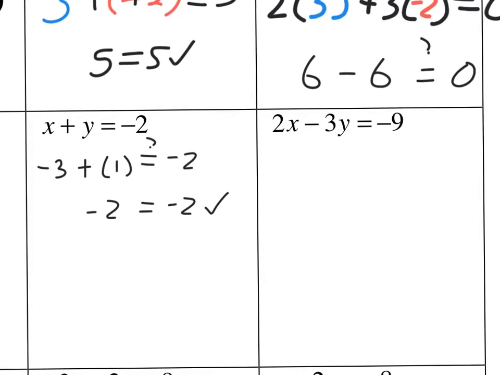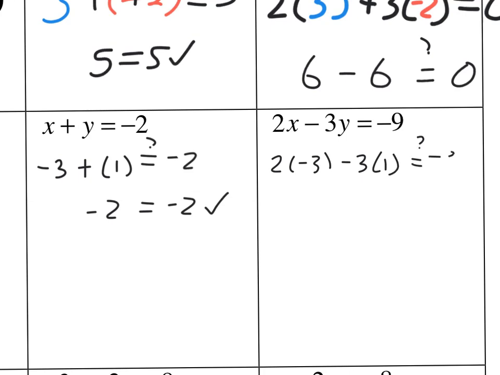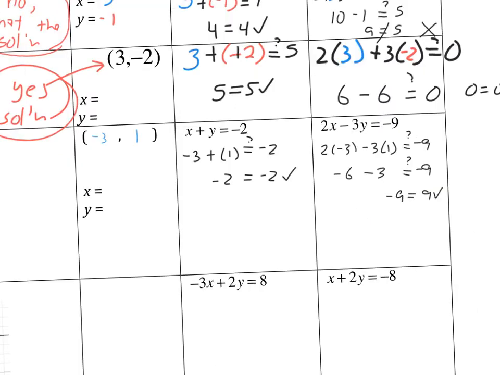So far, it's right. So let's try this one now. Plug a -3 in. -3 times 3 equals -9. -6 minus 3 equals -9. Great. And it does work. And I forgot the -9 right there.